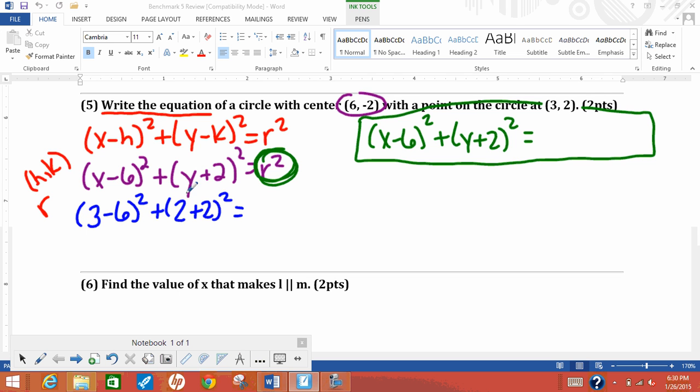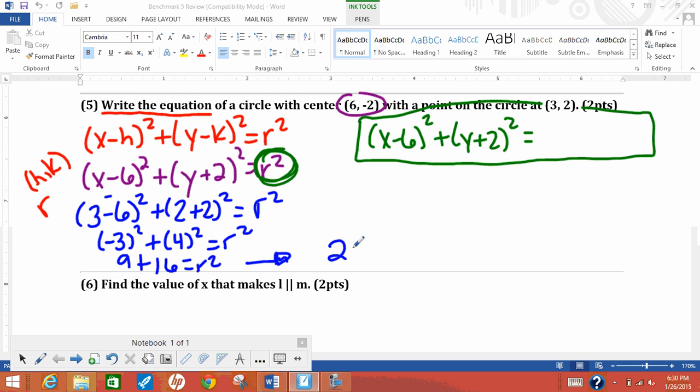I keep my h and k in there, I plug my coordinates of my point that's on the circle in for x and y, and that's going to help me find r squared. So I can just simplify this side now. And I get that r squared is 25.